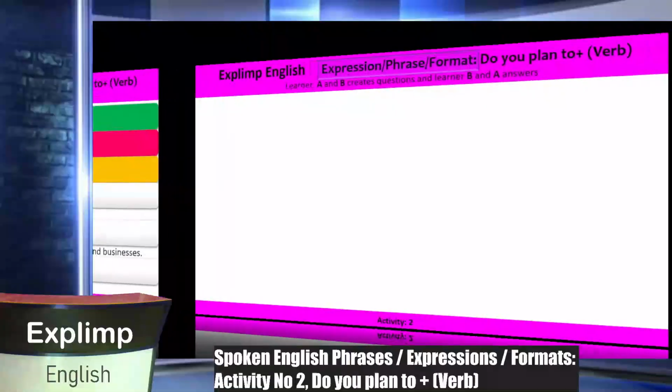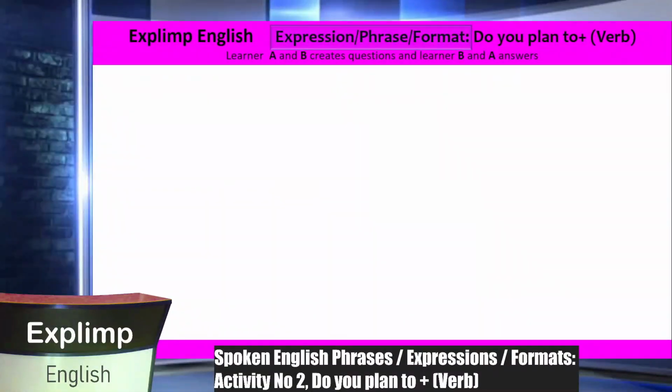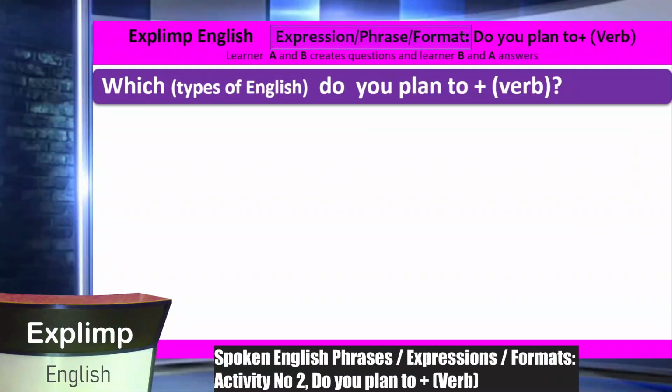Okay, so what is our next question? Our next question is, which types of English do you plan to plus verb? Okay, so you want to learn English, but in English there are types of English, right? Like business English and spoken English, and there are other types of English like grammar English and English for the test.